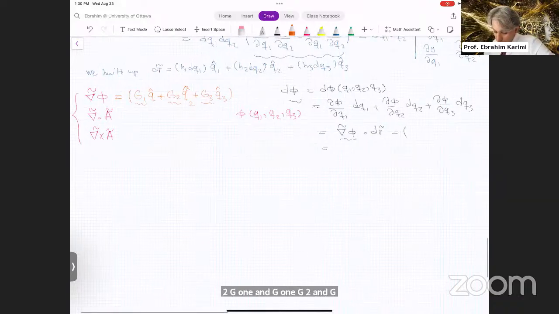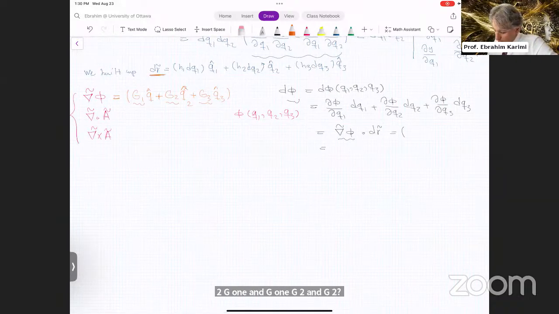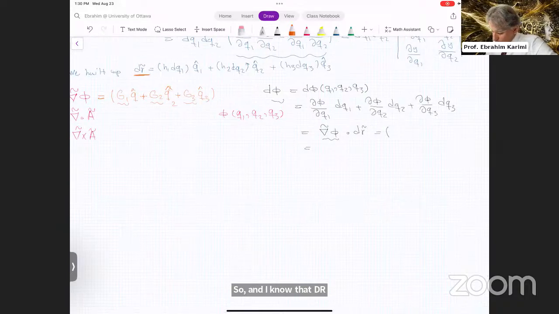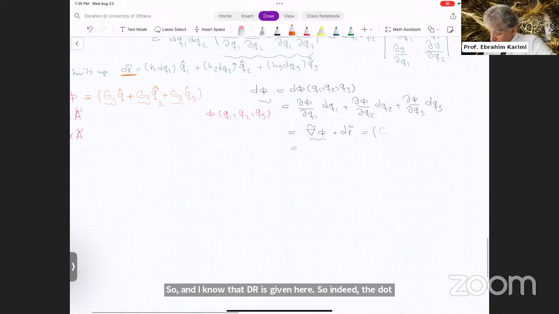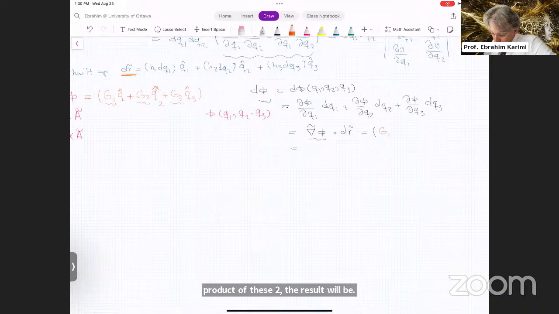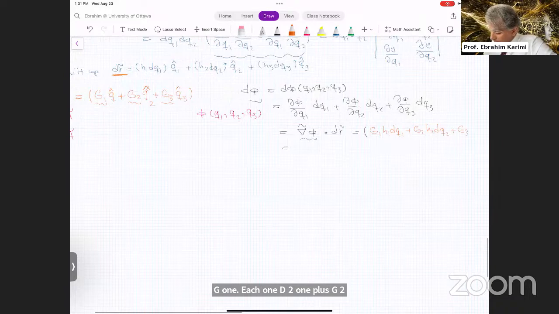So the gradient is G1 q1 plus G2 q2 plus G3 q3. And now the question is, what are G1, G2, and G3? I know that dr is given here. So indeed, the dot product of these two will be G1 H1 dq1 plus G2 H2 dq2 plus G3 H3 dq3.